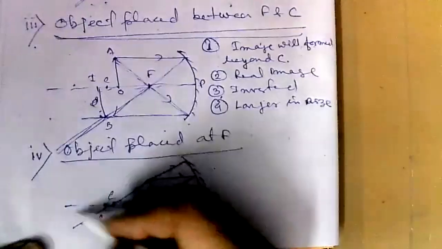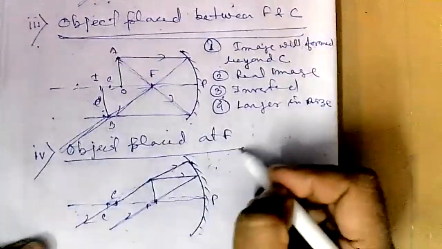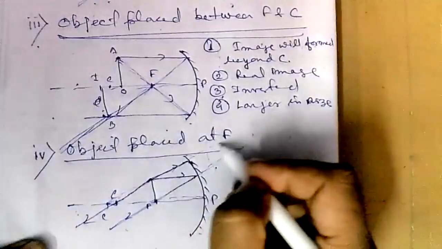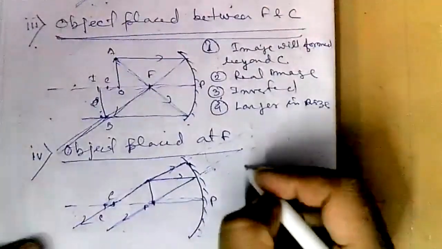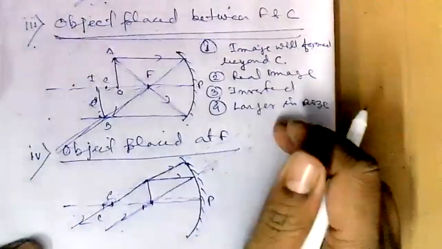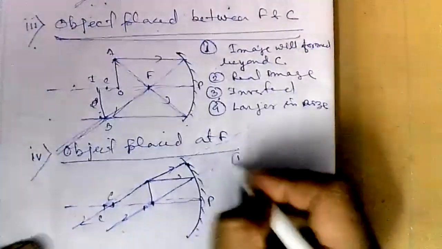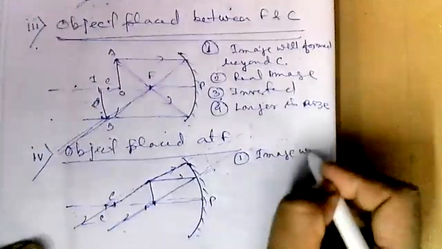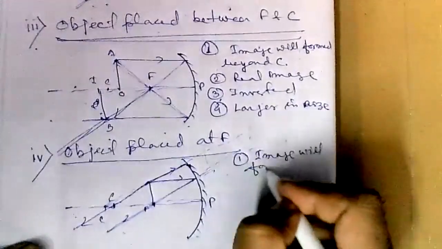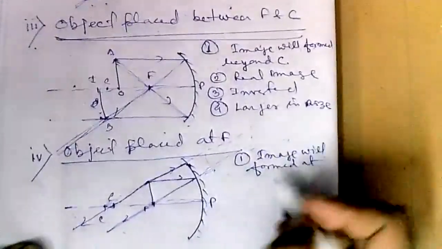Here you will get parallel rays. If we extend them in the opposite direction, they will appear to meet at infinity. So here the image will be formed at infinity.